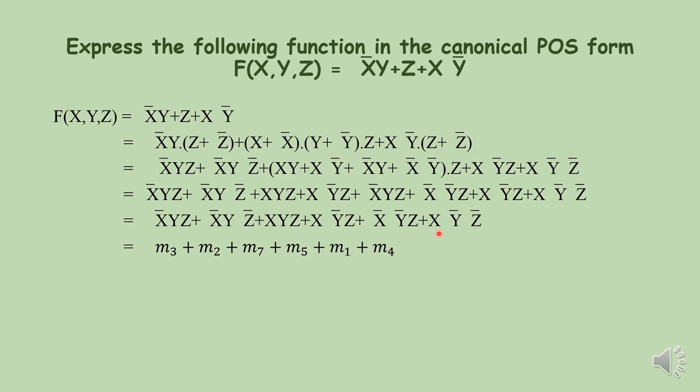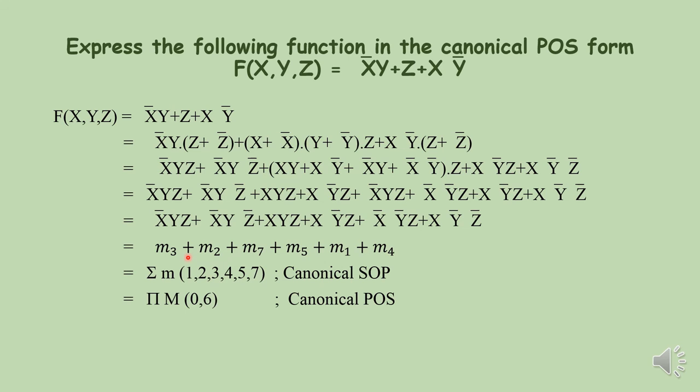Which terms are missing? 0 and 6 are missing in the min terms. So this is a summation min term expression of 1, 2, 3, 4, 5, 7, which is the decimal notation of canonical SOP form.